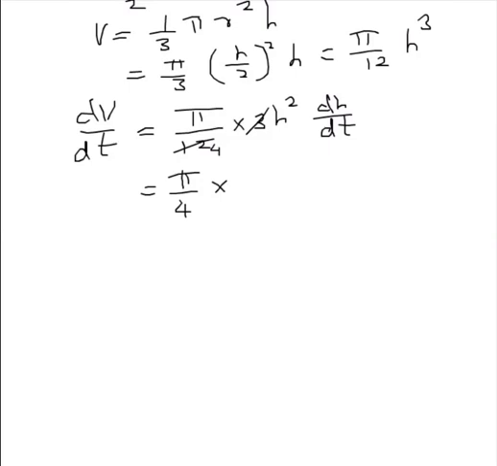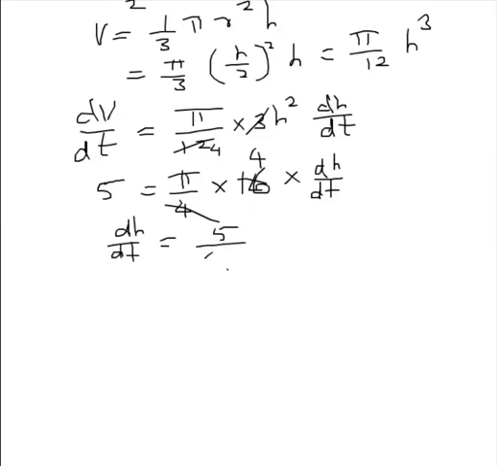H is given as 4, so it becomes 16, and dH by dt we have to find, and dV by dt is given as 5. So this is the answer, 5 by 4. So dH by dt equal to 5 by 4 pi.